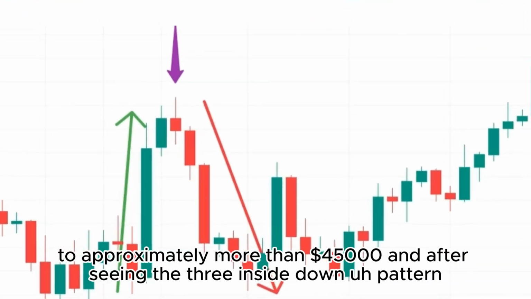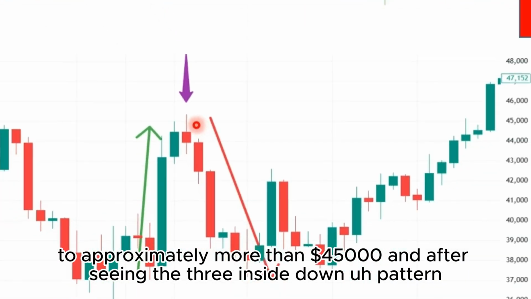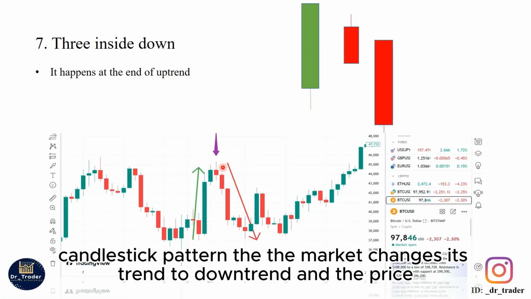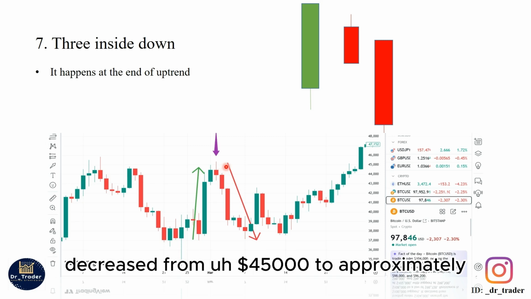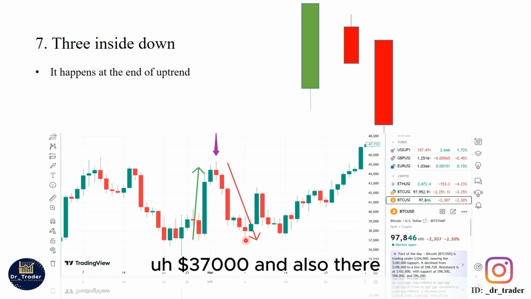After seeing the three inside down candlestick pattern, the market changes its trend to downtrend, and the price decreased from $45,000 to approximately $37,000.